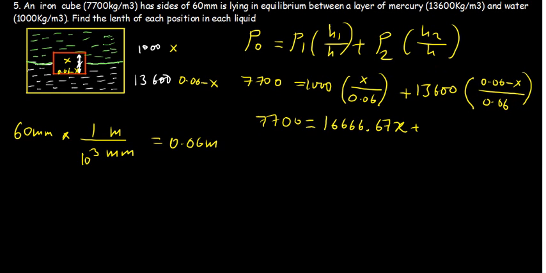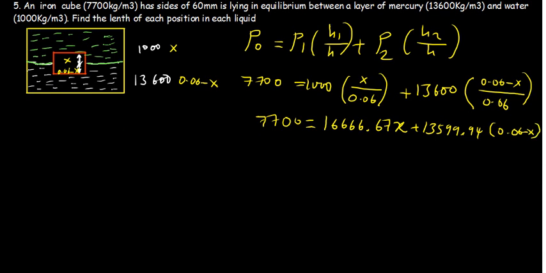It is giving me 13,599.94, and then we have 0.06 minus x. So that is going to give us 7,700 being equal to 16666.67x, and then we'll distribute this.